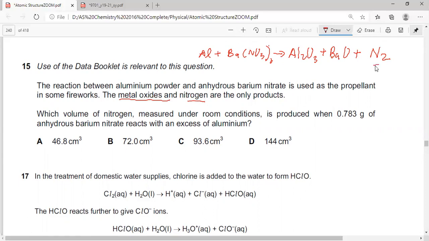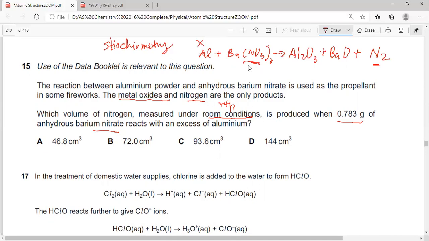This is important: under room conditions, so RTP, produced by this amount of your barium nitrate. That means this is important, this not important. So in the balanced equation, I must make sure these two are right because I need to know the stoichiometry, the number of moles.